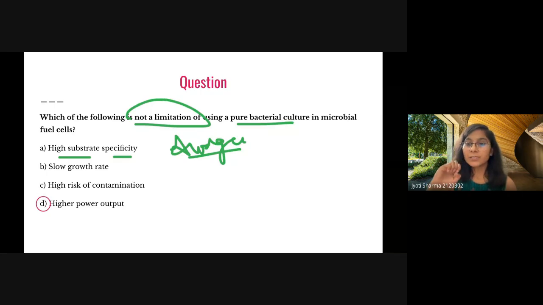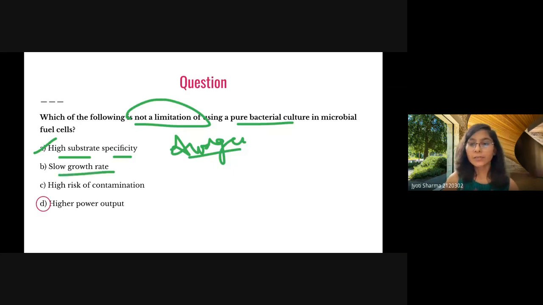So this would be the disadvantage, because wastewater may have a lot of variety of organic matter, right? If we do have pure cultures, then the pure culture may need a very specific substrate, very specific food to eat, right? And if we do not have that food in our wastewater, that means that the pure bacterial culture will not work. So this is the disadvantage of your pure bacterial culture, right?